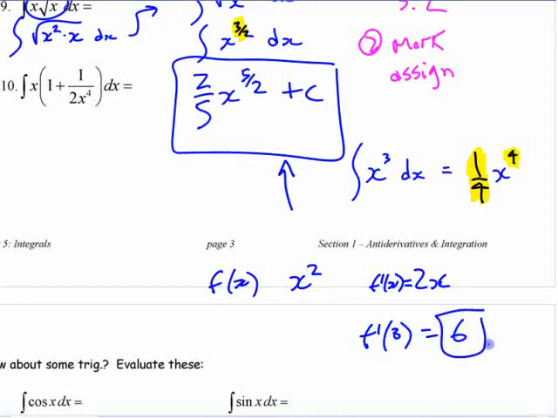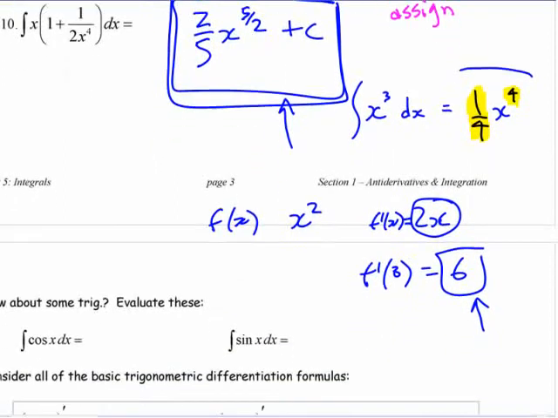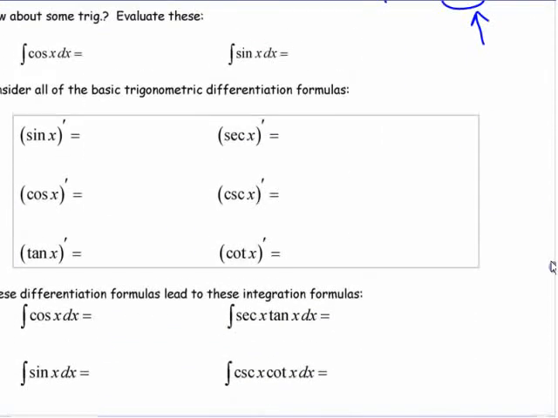It's a specific number. It's the slope at a certain number. This is just a general expression for the slope anywhere. That's what we're doing here. This is a general expression for what this represents anywhere. We don't quite know what it represents yet, but we will after. Okay? You need to look back at some of these things.